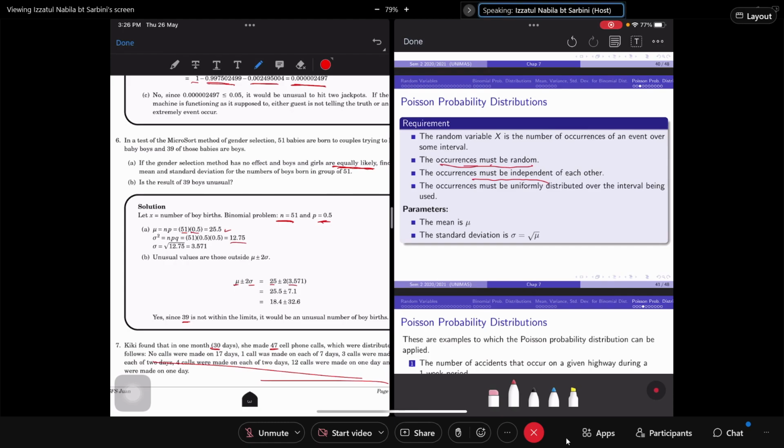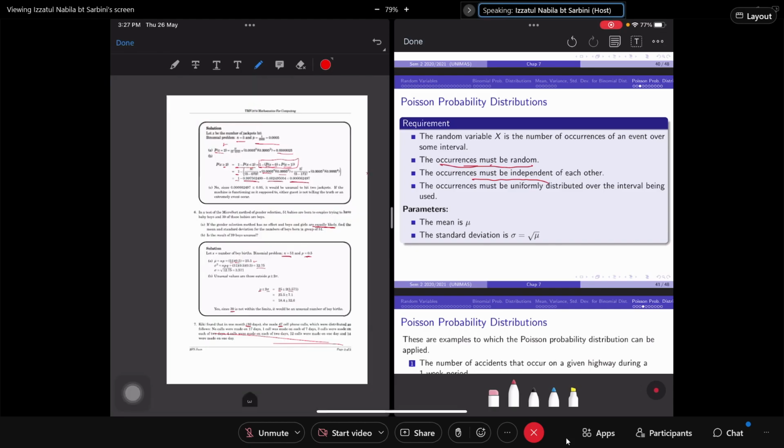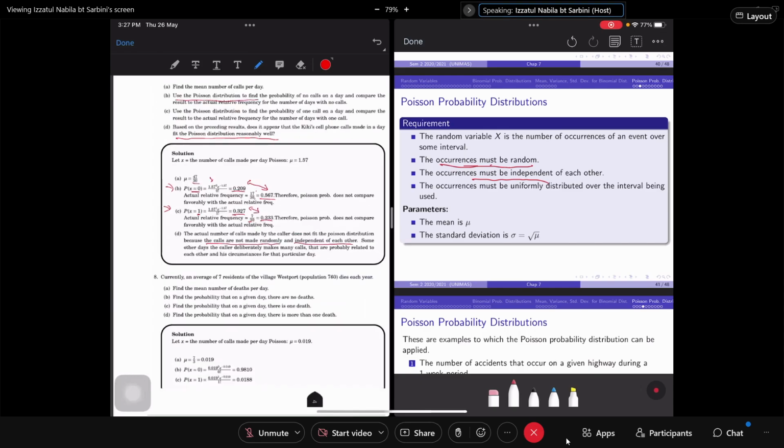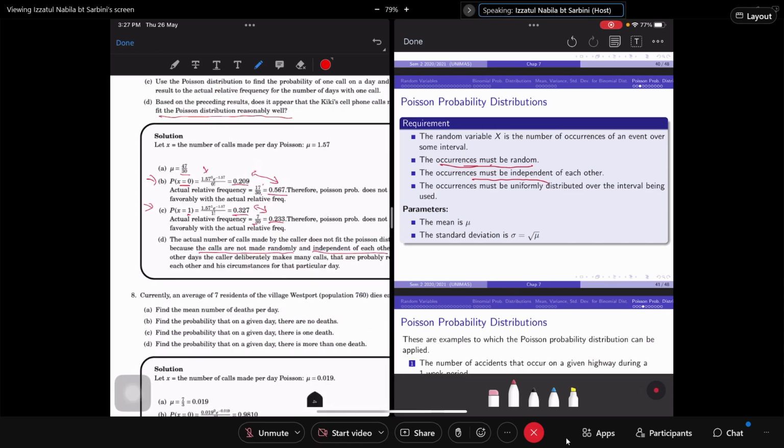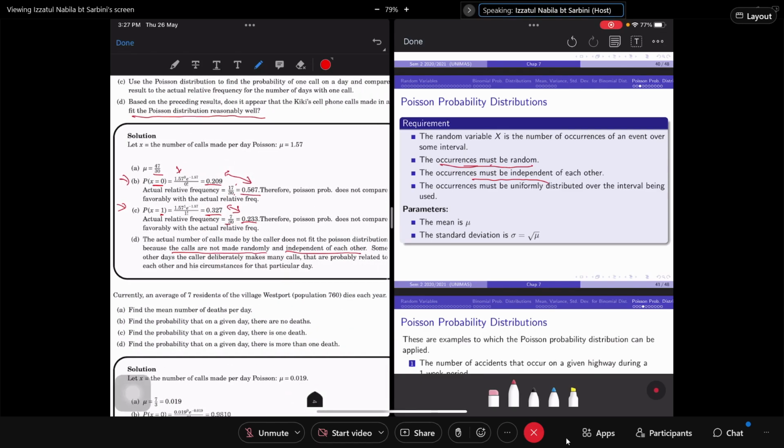If she wants to make a call today, she calls today. If not, tomorrow. How many calls she makes tomorrow, she is the one who decides. So this occurrence does not seem to be random. That's why the Poisson distribution is not suitable for this situation, to calculate this probability, because it is not random, it is not independent, right? That's why.